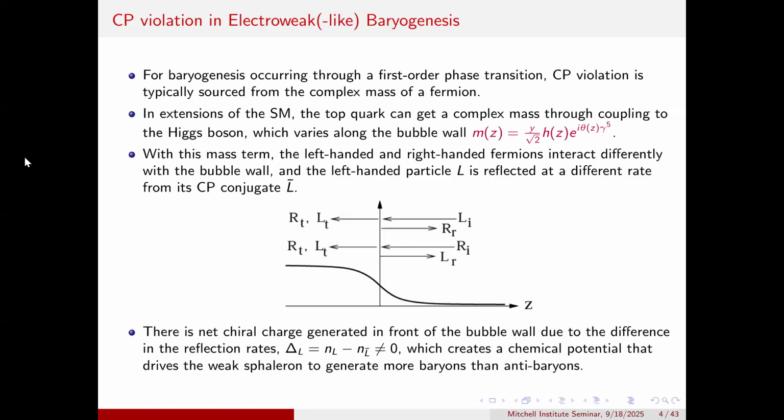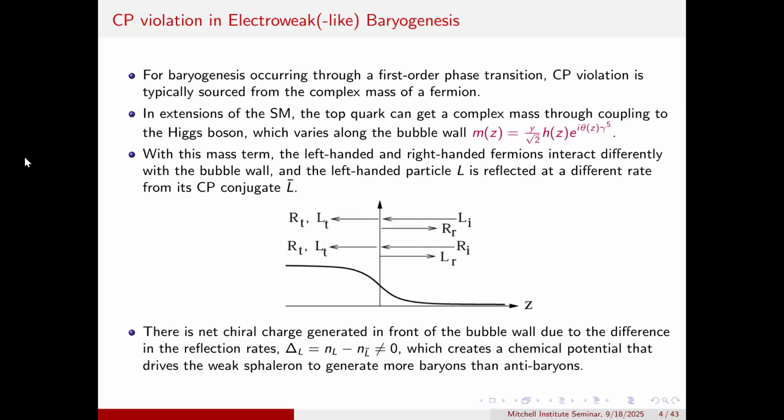So usually we consider extensions of the standard model, where the top quark can get a complex mass by a Yukawa coupling, which varies along the bubble wall with the Higgs vev, which takes this form. We have both the varying magnitude and the phase, which are both critical for CP violation.